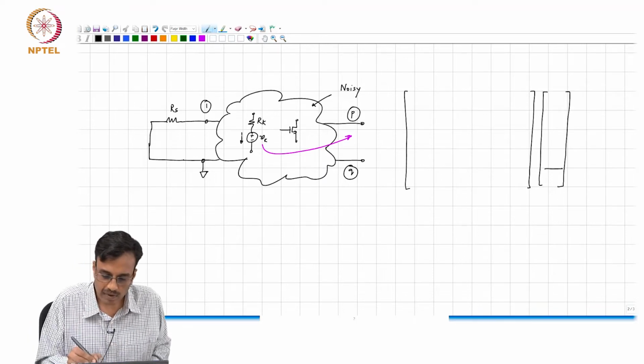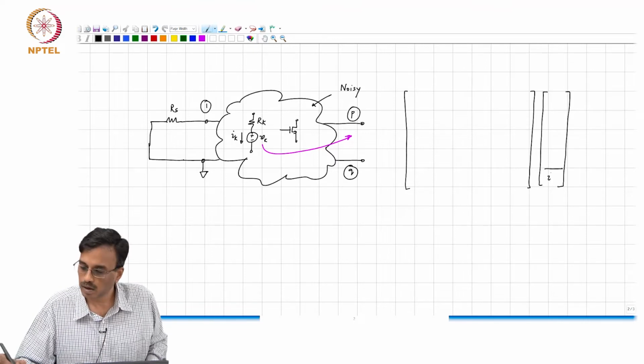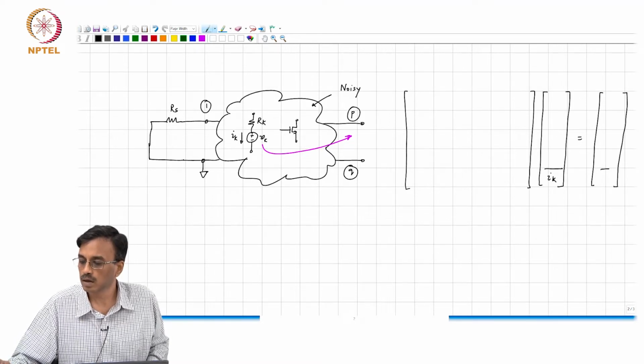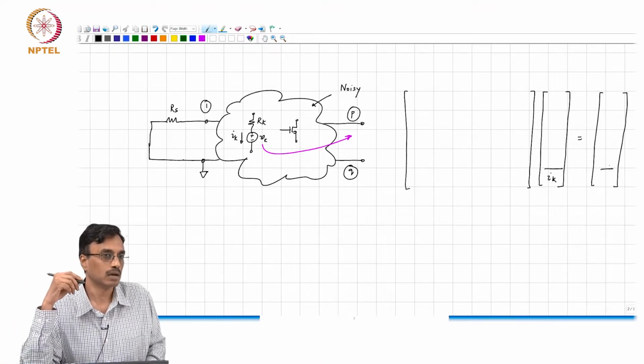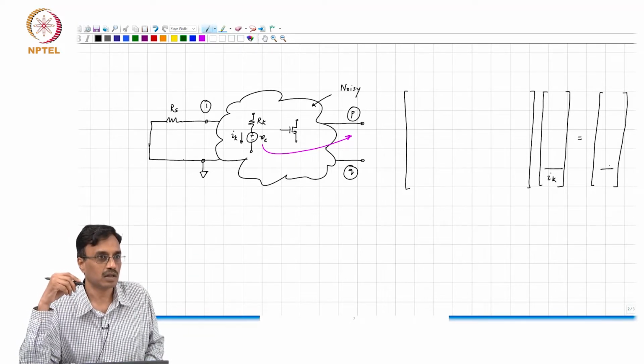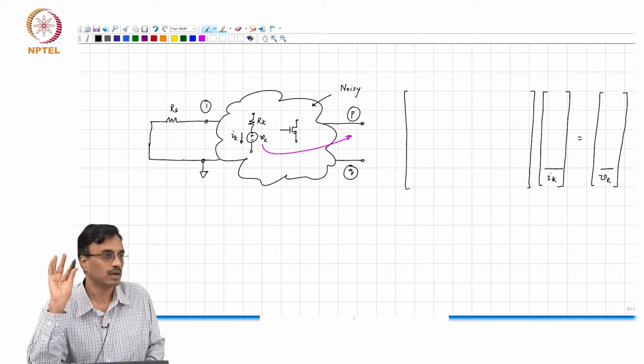So, the unknown basically is say some Ik, right, and what do we get on the right hand side? Yeah, and which are the independent sources here? There is only Vk that appears here, correct.